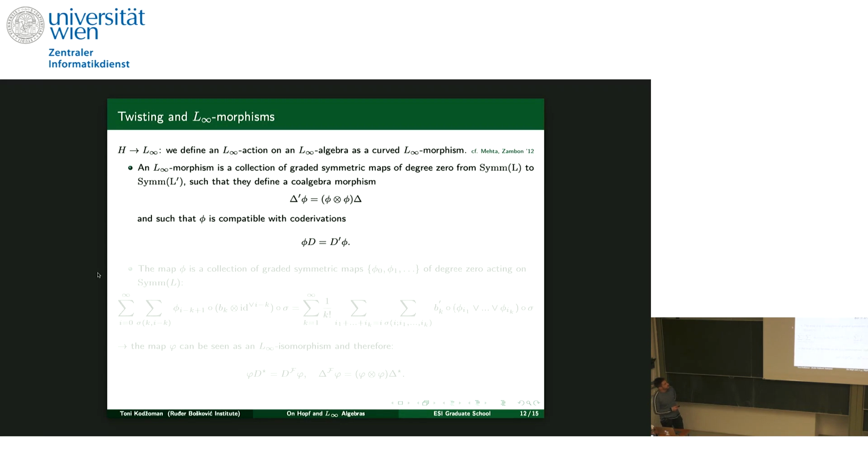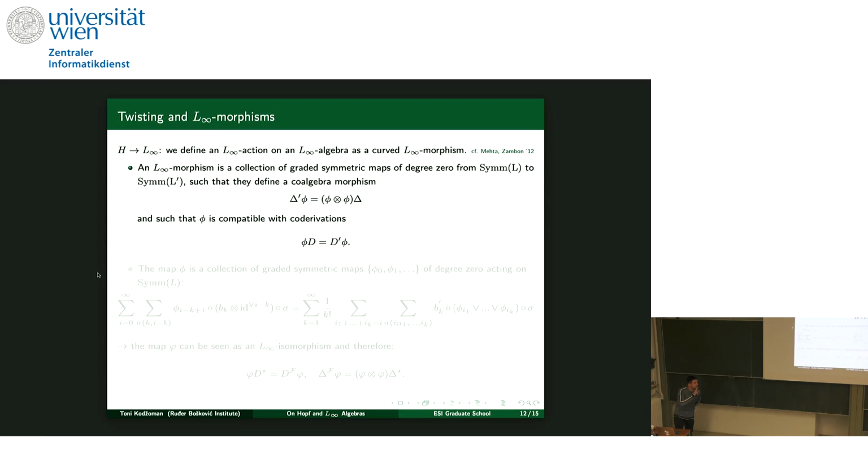It is a collection of graded symmetric maps of degree 0 from symmetric L to symmetric L prime, such that they define a coalgebra morphism. So delta prime phi is phi phi delta. We also get another compatibility relation, which relates the two co-derivations: phi d is equal to d prime phi.